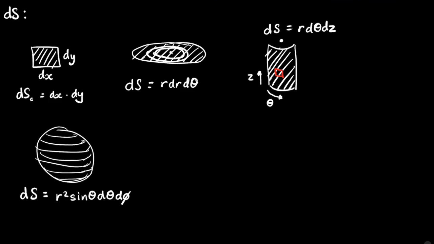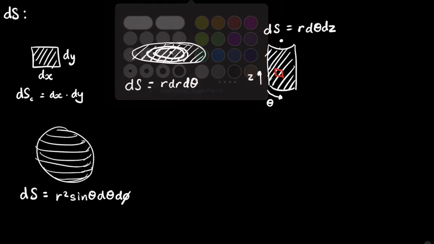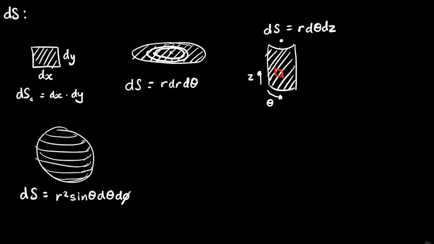So again, we're not actually integrating across r, because if you think about a spherical shell, it's going to be a constant distance from the origin. If you think about just the outer shell of the sphere, it's all going to have a constant radius. And so that is the surface area element for a sphere.